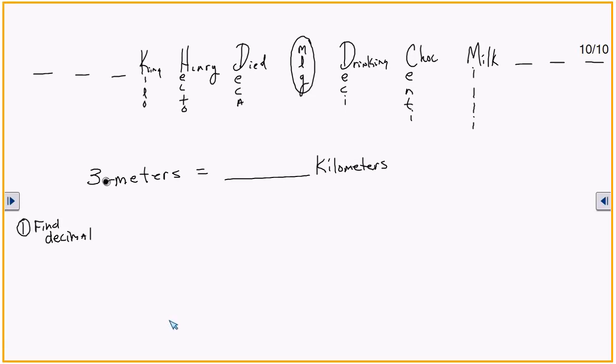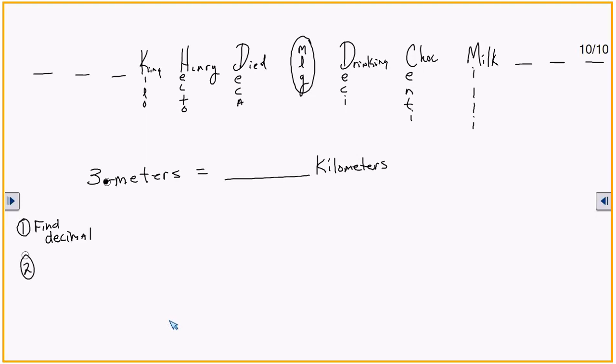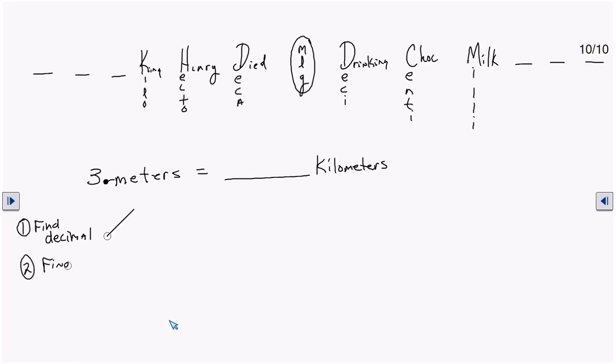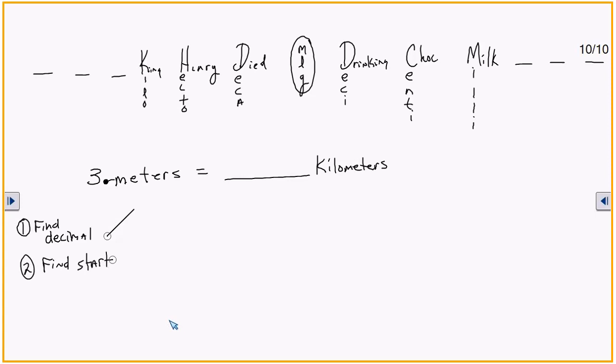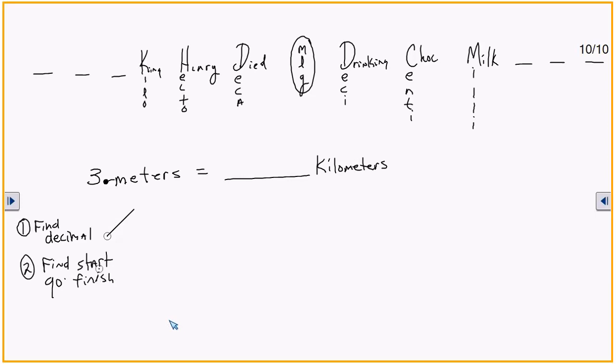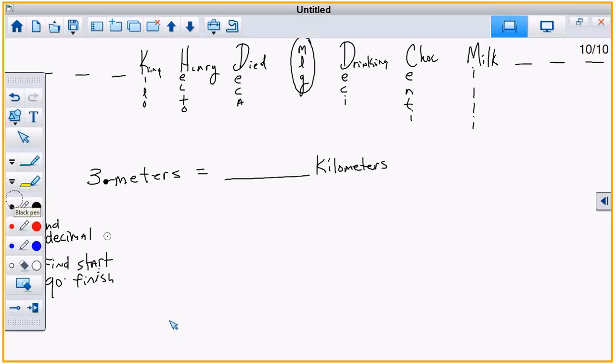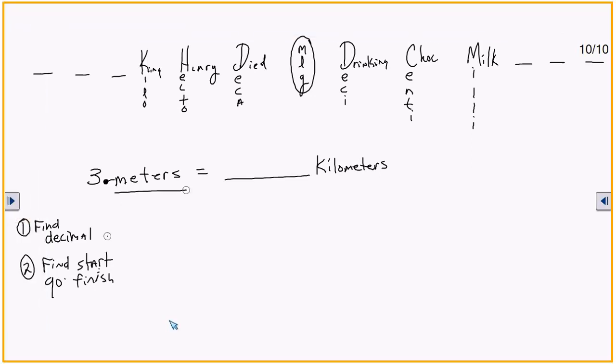And on a whole number, it is right here. So that's number 1. Second, you want to go to King Henry Died Drinking Chocolate Milk and find where you start and go to where you finish. What are you talking about, Hebron? Well, we are at meters, so that's where we're starting.